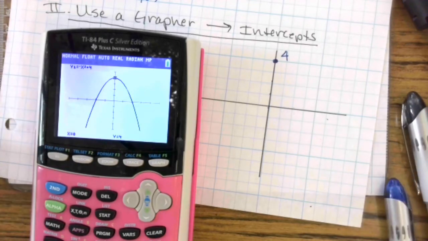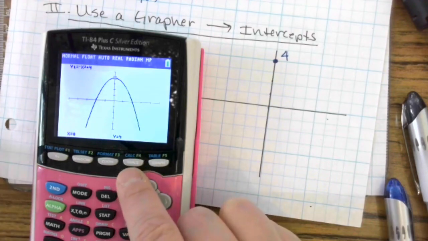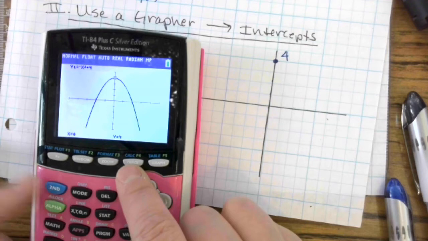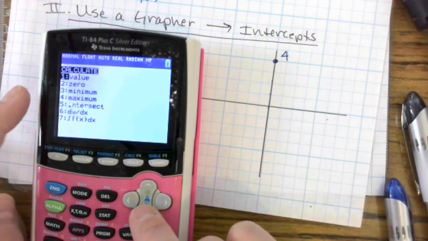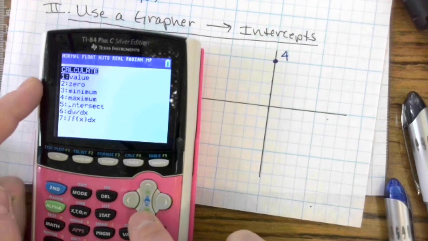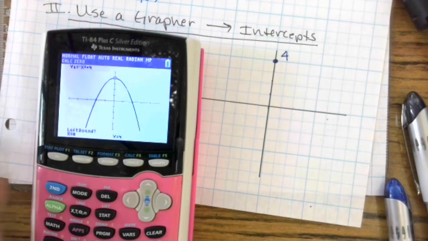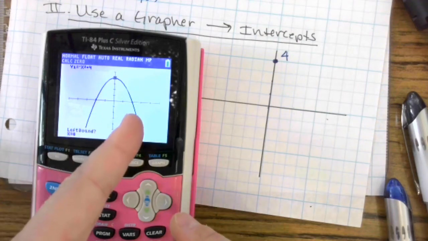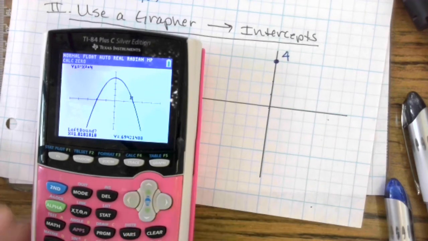Now, that doesn't work for x-intercepts. You have to actually calculate them. So your calculate button is on your trace. Mine's blue, so I'm going to use the second. Second, calculate. An x-intercept is a 0, so toggle to a 0. Press enter. It's going to ask you what's the left bound. So let's find this right 0 first. So toggle to the right till it's just to the left of where you see it crossing.